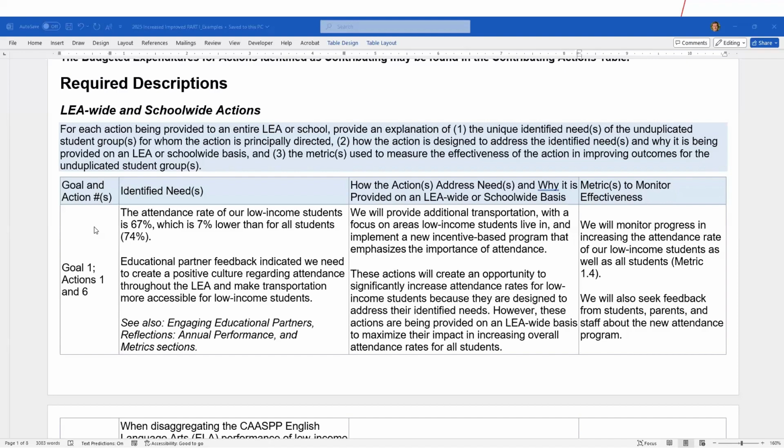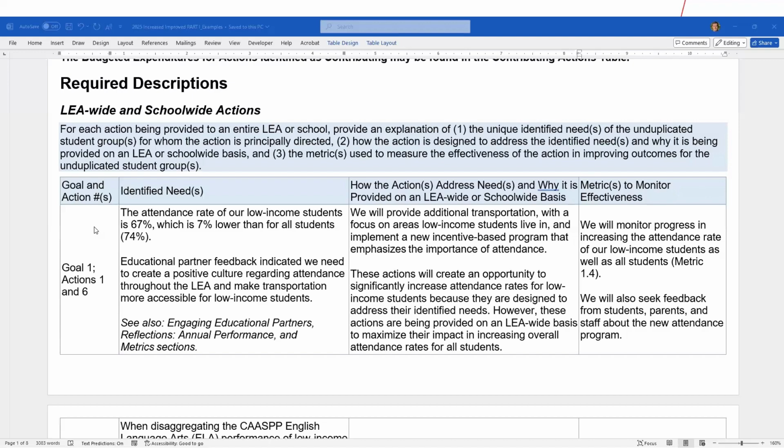Educational partner feedback indicated we need to create a positive culture regarding attendance throughout the LEA and make transportation more accessible for low-income students. As you can see, there's in italics, see also engaging educational partners, reflections, annual performance, and the metrics section.